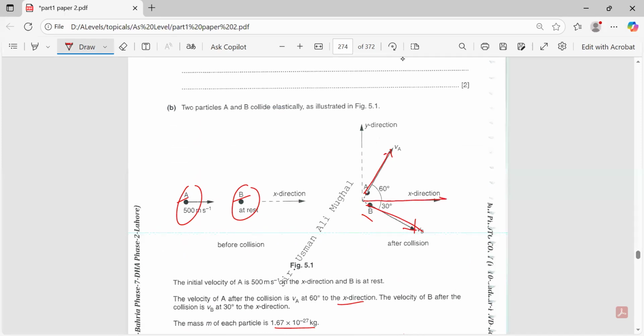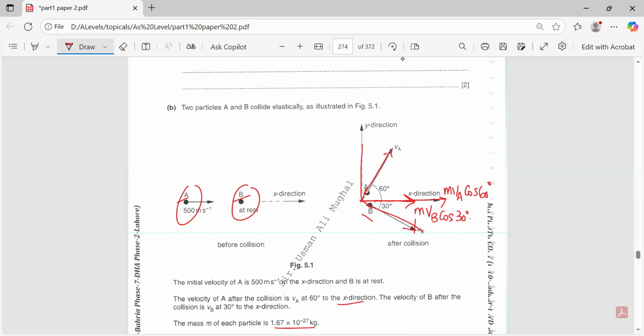Horizontally, its momentum will be written as mass of A into velocity of A cos of 60 degrees. Likewise, the momentum for ball B will be written as mass of B into velocity of B cos of 30 degrees. This is how we find the components of the momentum along the horizontal.